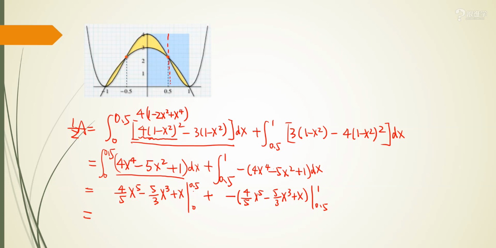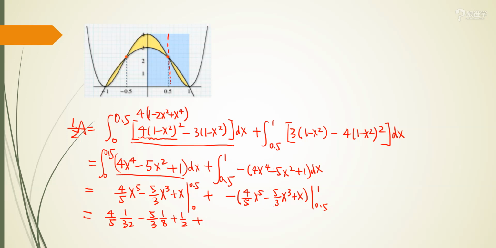So for the antiderivative, the value at a half is 4/5 times a half to the power of 5, which is 1/32, minus 5/3 times 1/8, plus 1/2, minus the value for x equals 0, which is clearly 0, plus, how about this?